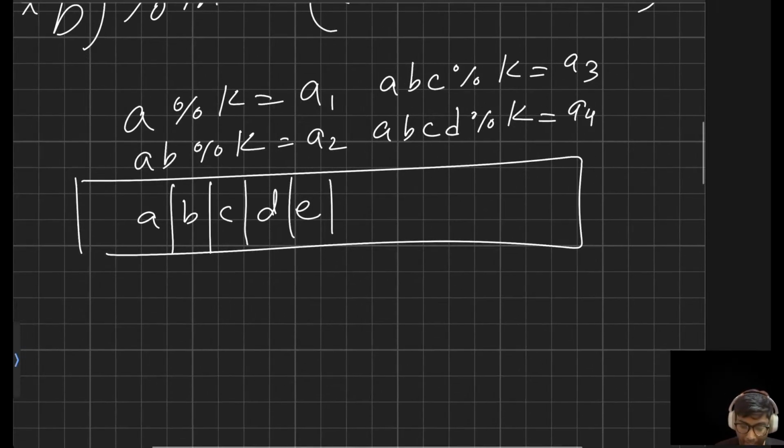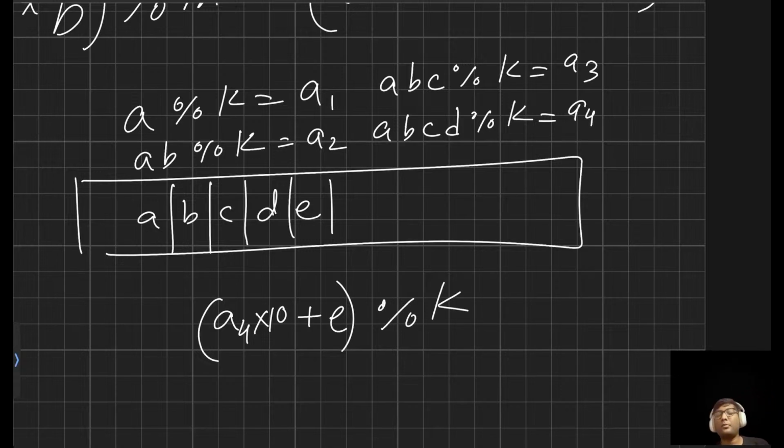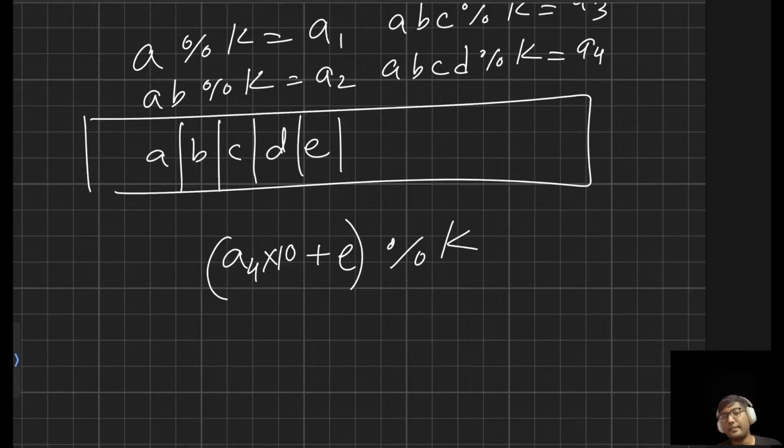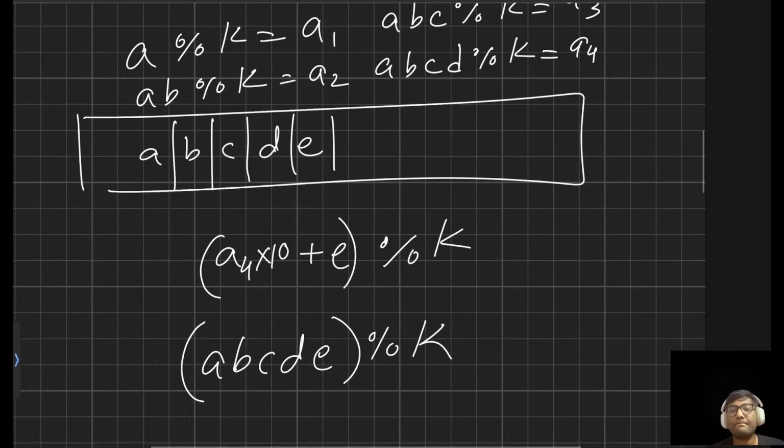And we are doing a4 into 10 plus e modulo k, right? This is what we are doing after carrying the modulo. My claim is that this will result in the same thing as the entire thing, that is abcde modulo k, right? So how can we prove this?